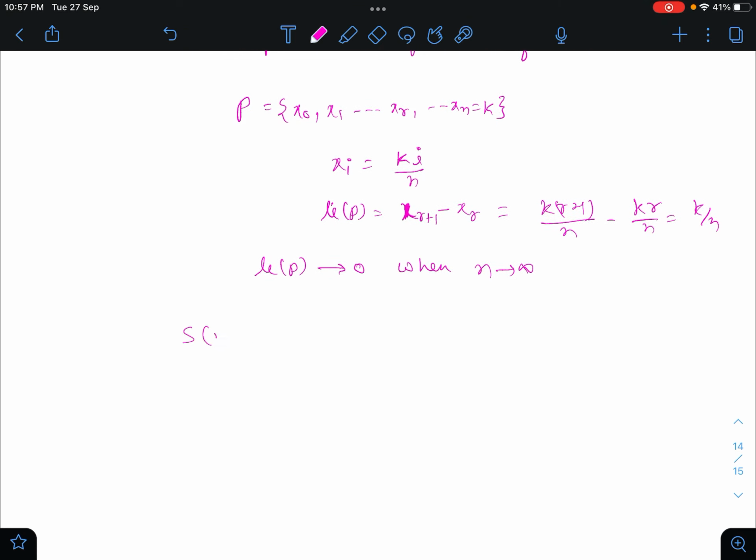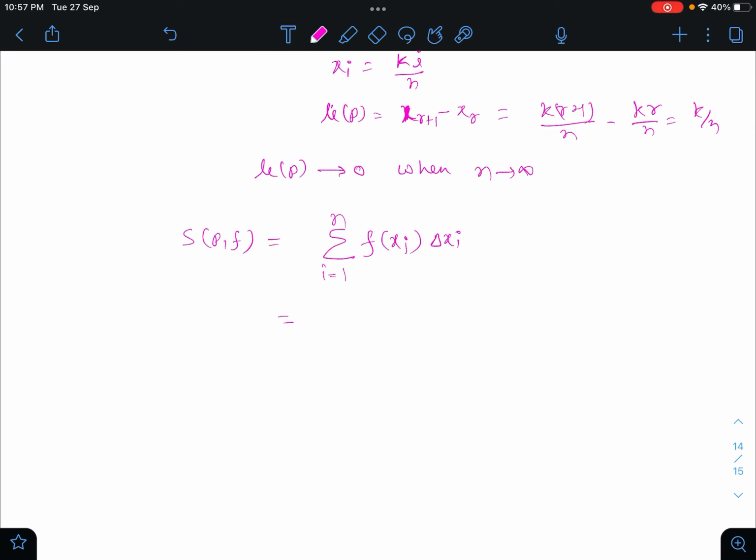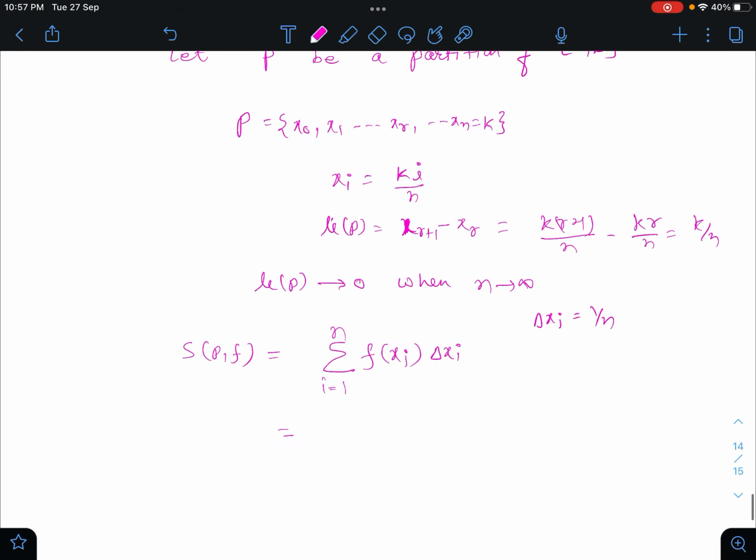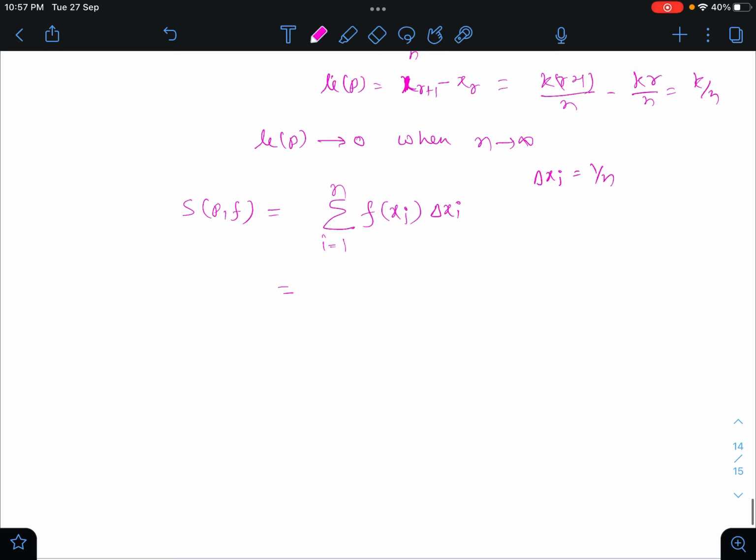Let us calculate S(P, f). S(P, f) is equal to the summation of f(xi) delta xi, i from 1 to n. Delta xi we can easily calculate as x(i+1) minus xi, which is k by n. And f(xi) is (ik upon n) square.